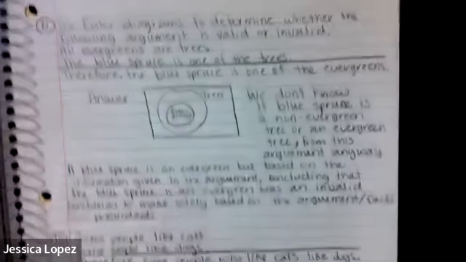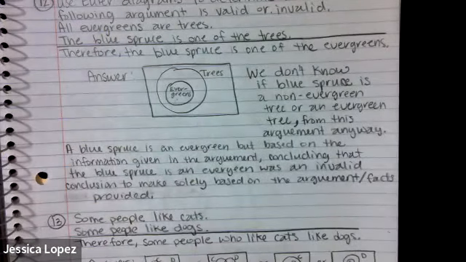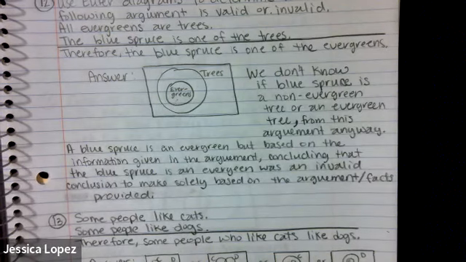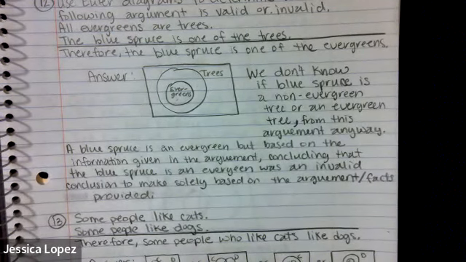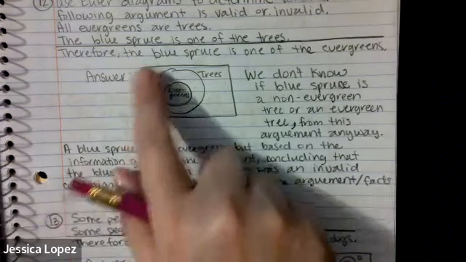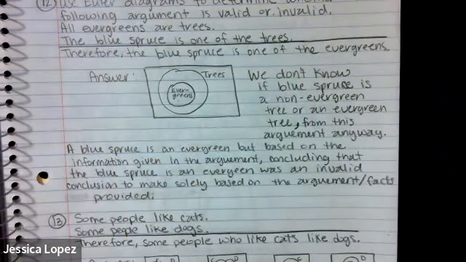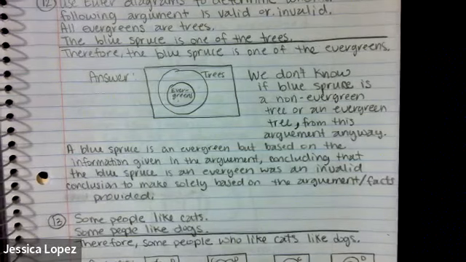Okay, so yes, I literally Googled because I don't know a lot about trees, but I did Google whether or not the blue spruce was an evergreen, and it actually is. And so this statement is true, but I would have had to have known that in order to make that conclusion. Just based on this person's argument, they are not making a valid conclusion based on just the facts that they've given me, okay?